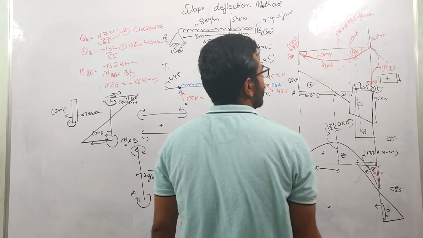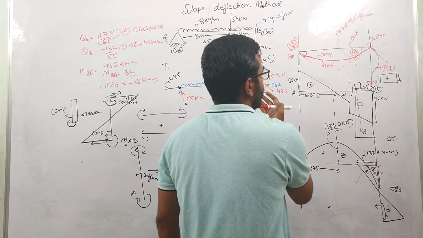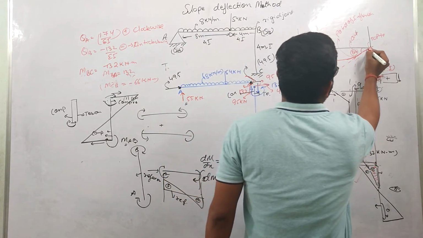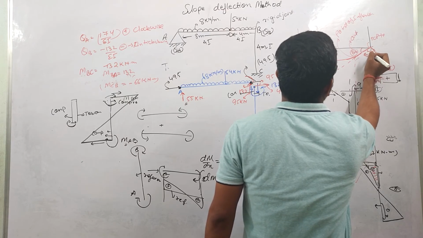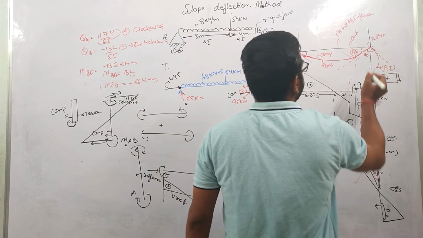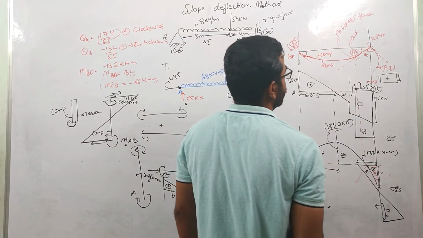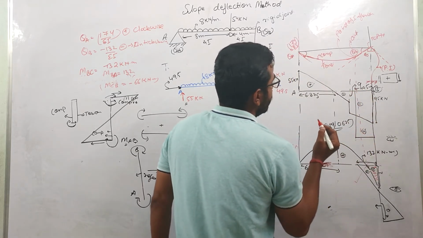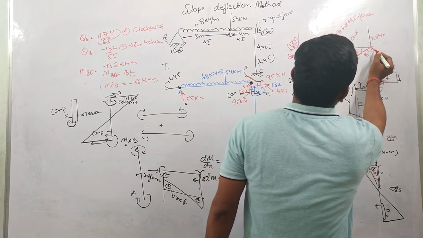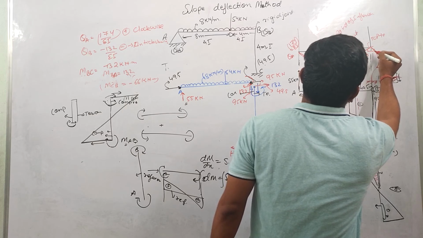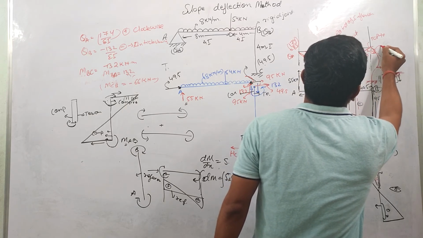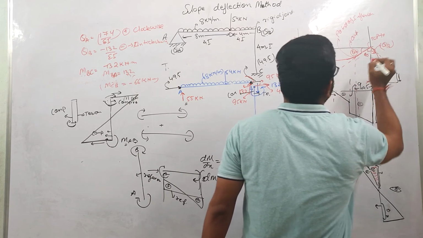You can calculate that point easily, okay? You have the forces, and the angle between these two members is basically 90 degree. These two tangents will be 90 degree, okay? Because the angle between the two members is 90 degree, okay? Now theta B for this member will be again anti-clockwise, so it will bend like this, okay?